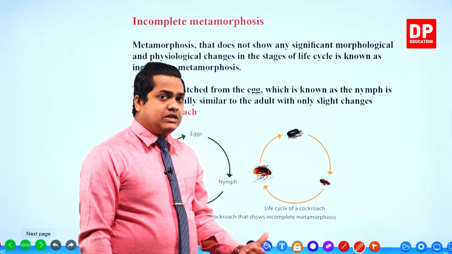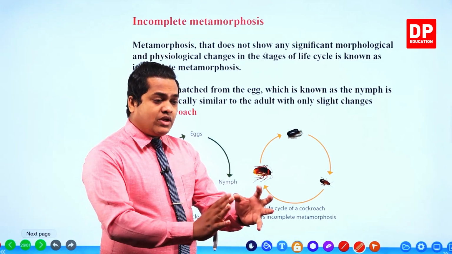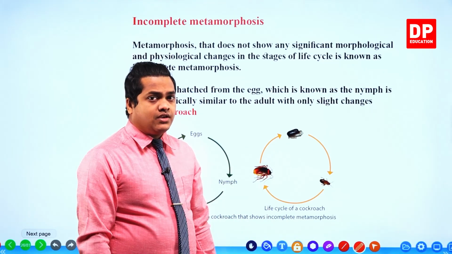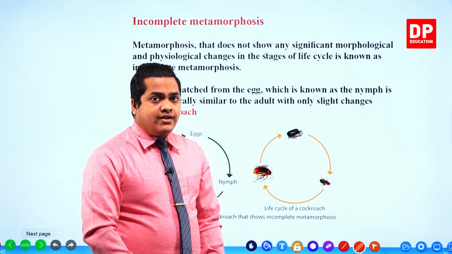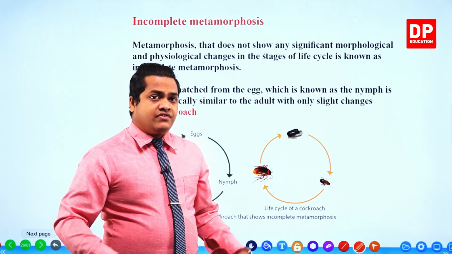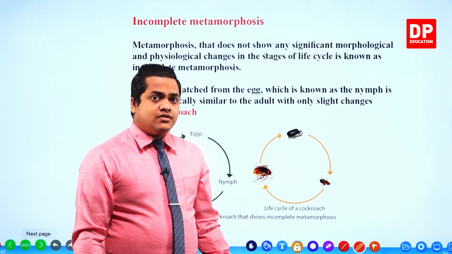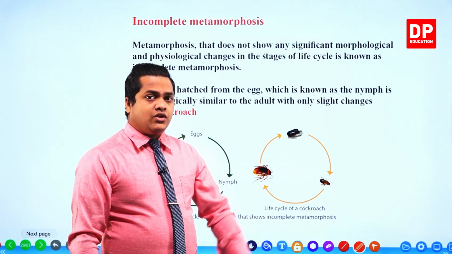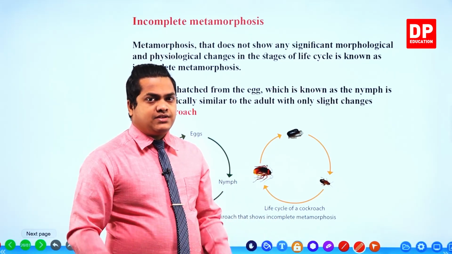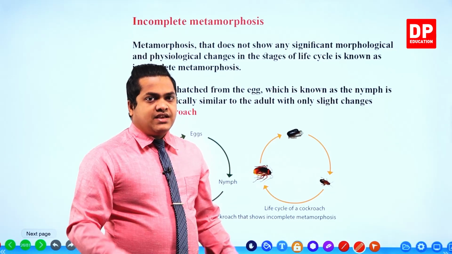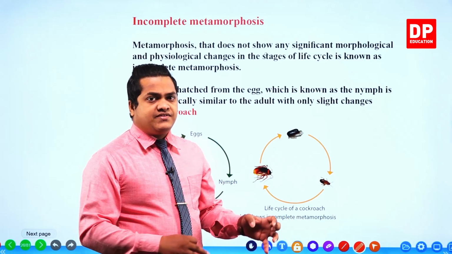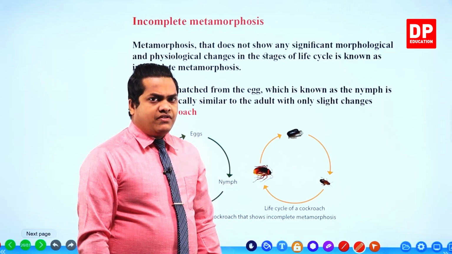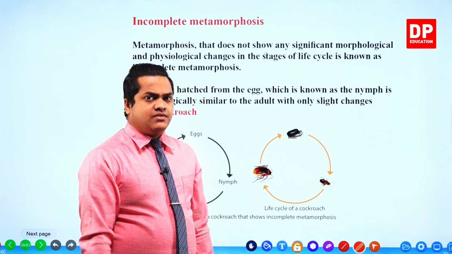But in the earlier case, just by looking at a caterpillar, we can't say that it is getting converted into a butterfly. Now you know that, but if someone doesn't know, he won't think that the caterpillar will convert into a butterfly. We can't say it, as there are significant changes within their life cycle. But here, by looking at that smaller one, we can say it's somewhat similar to the adult.